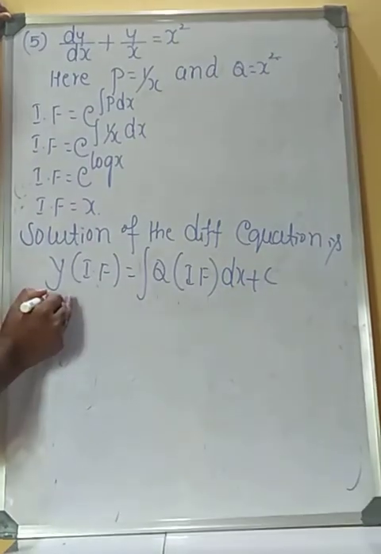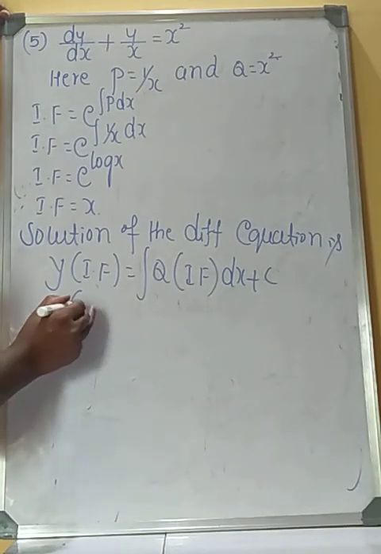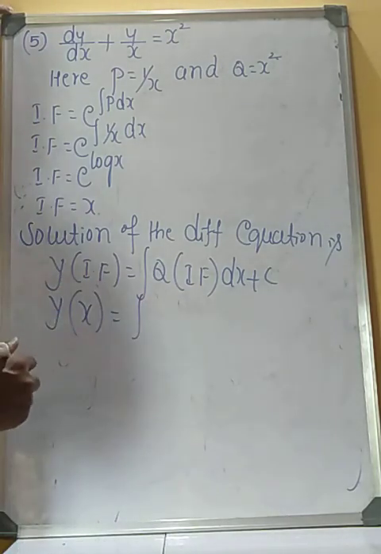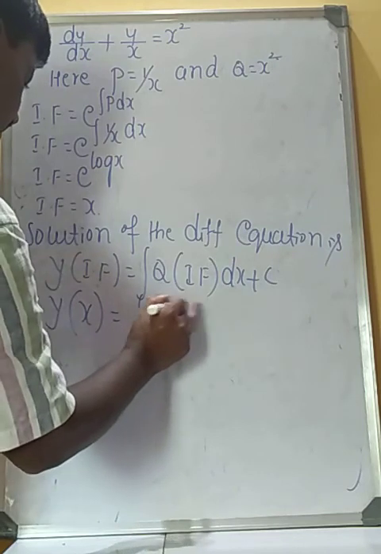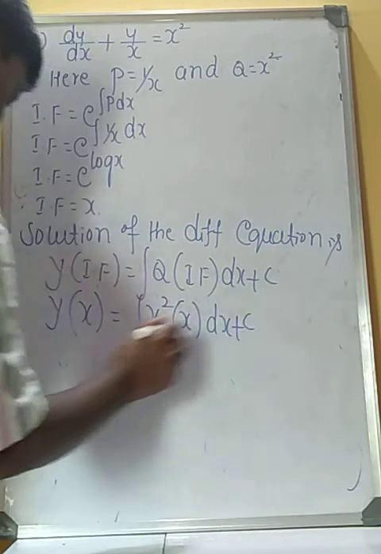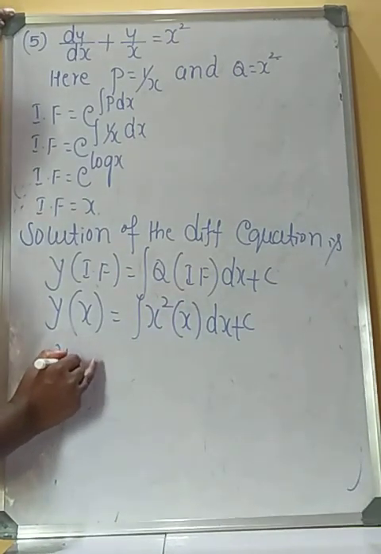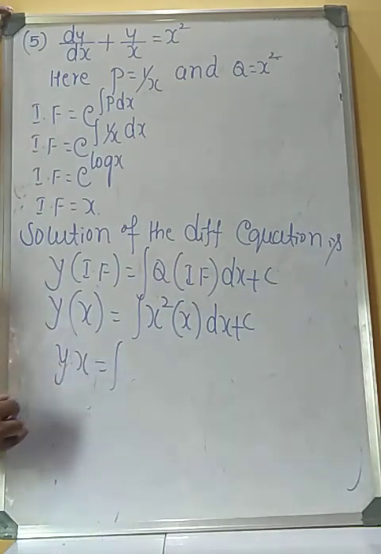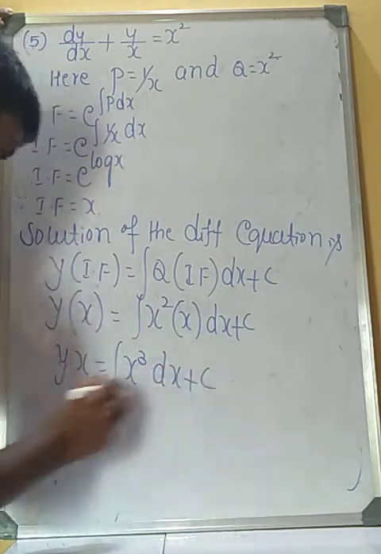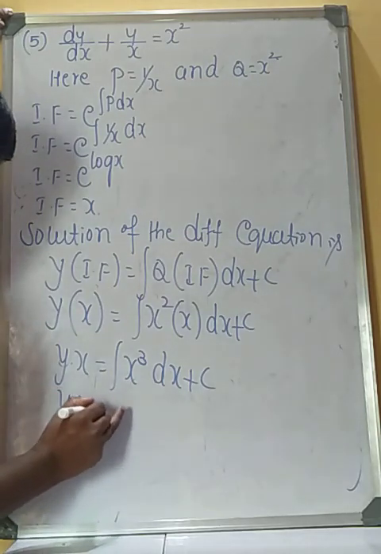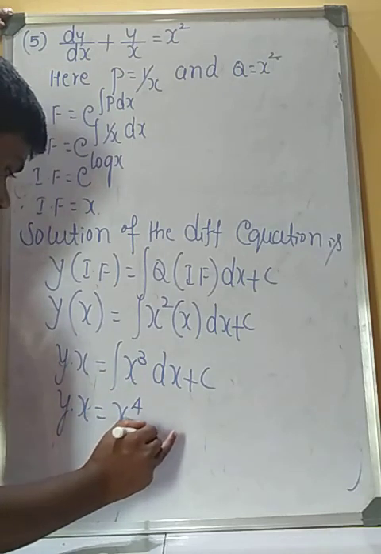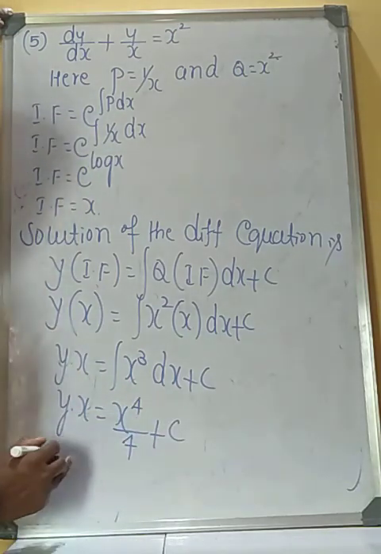Therefore, y into x is equal to integral of x square into x dx plus c, which is integral of x cube dx plus c. Therefore, y into x is equal to x to the power of 4 by 4 plus c.